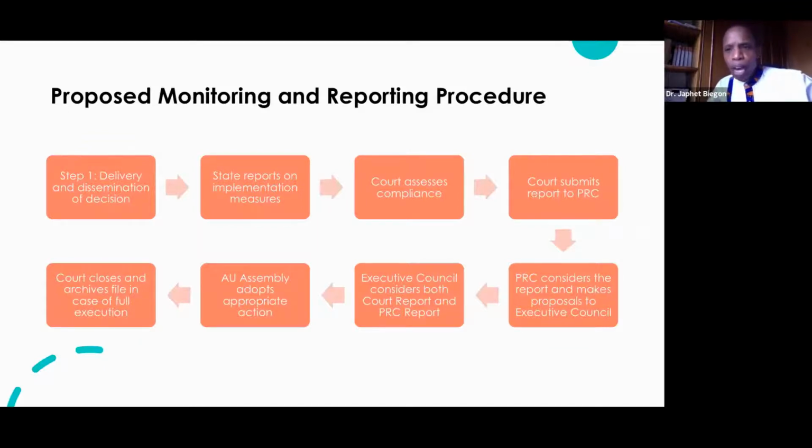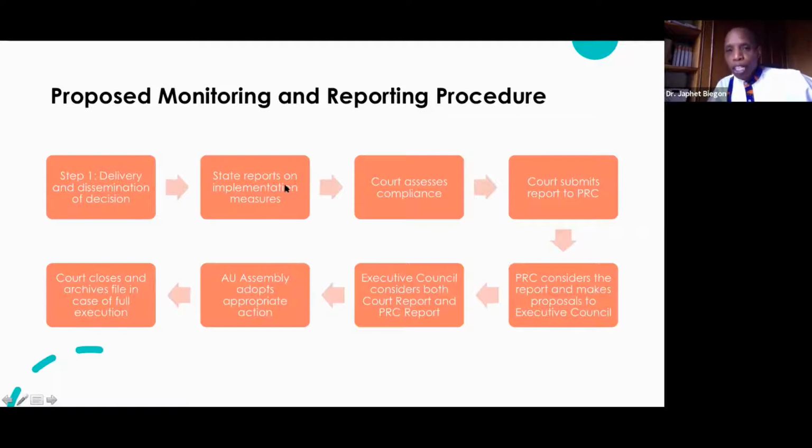So step one would involve, of course, the delivery and dissemination of the decision. In this regard, the protocol provides that the decisions of the court will be issued in public and then sent to the state party and other state parties to the court protocol.